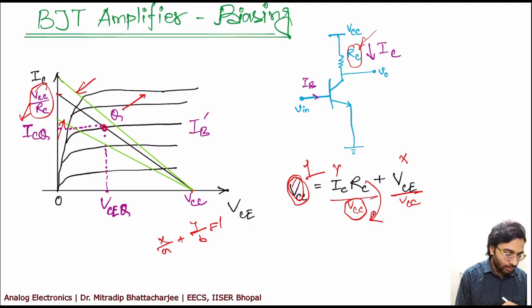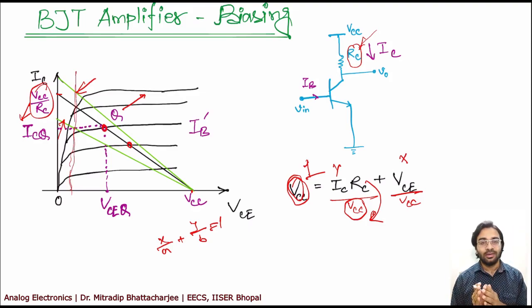Now if you see the whole line, I can take this as an operating point, or I can take this as an operating point. Any of these can be taken as the operating point, but I have to be very careful, because it may happen that your operating point is very close to the saturation region, and in that case there is a possibility that the device may go into saturation in the case of BJT and will not work properly, because the amplifier will not work in the saturation region.